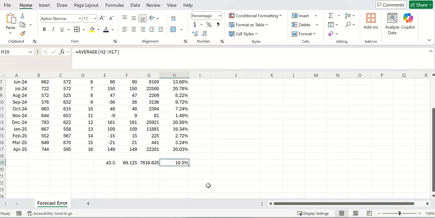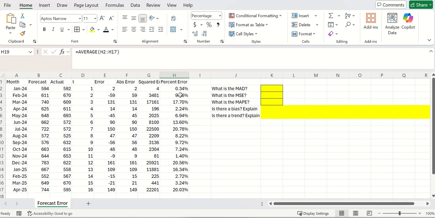Now, what is the most useful, what I have found over many years of doing forecasting, is this mean absolute percent error. It really is helpful to me. Because as you can guess, if the values for forecasting get exceptionally large, the absolute error doesn't help me.